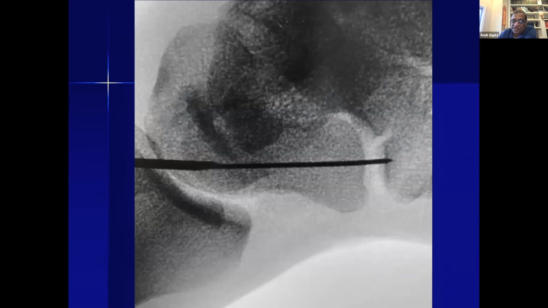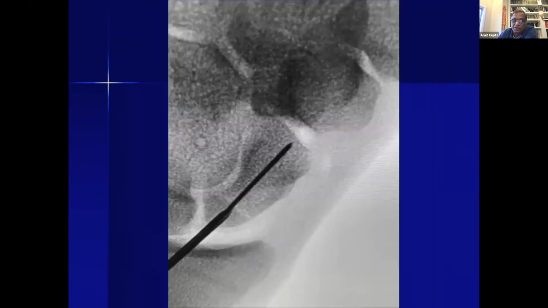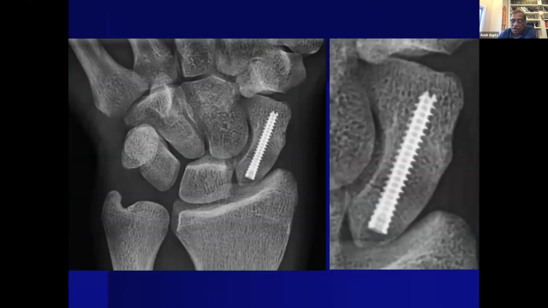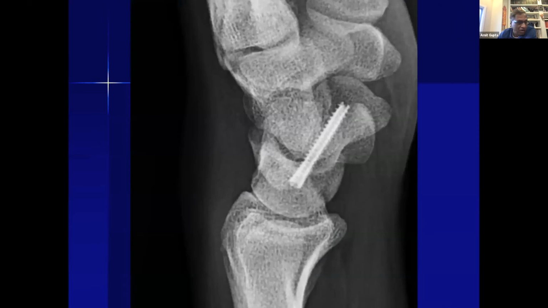This is center-to-center guide wire placement, and putting a compression screw across the fracture site outlines the method of treatment for this fracture, showing the center placement in AP and lateral films.